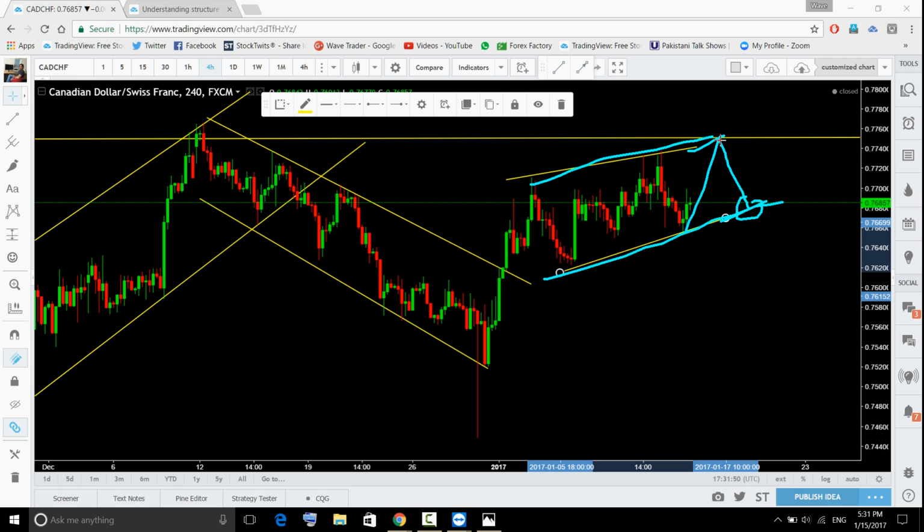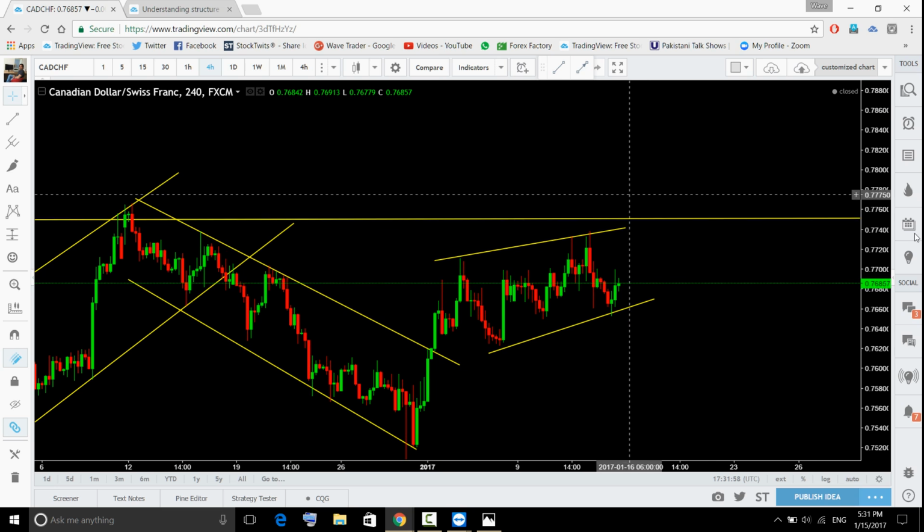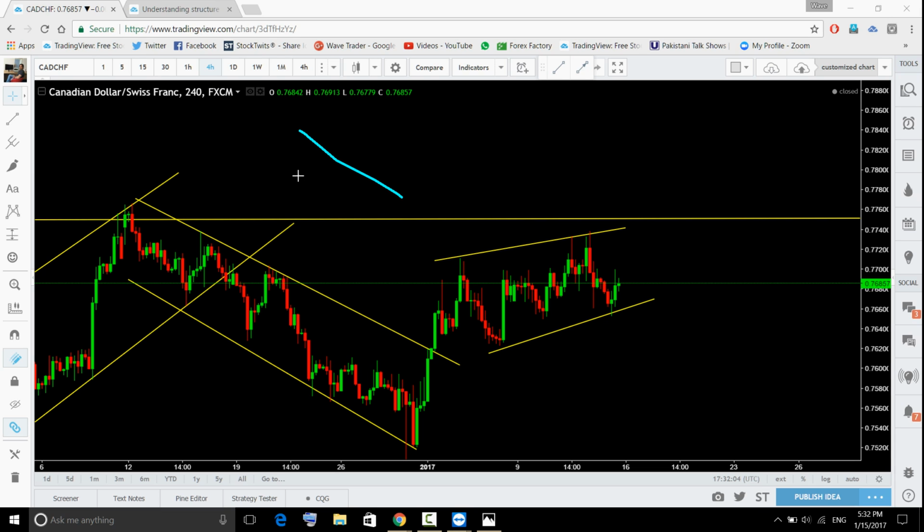If there is a breakdown, it is the same as the previous one I have just spoken about. This is the ascending one. The other one we spoke about, the descending one, was on the Australian dollar and CAD.